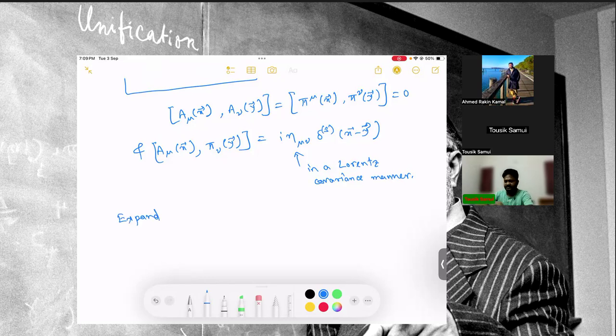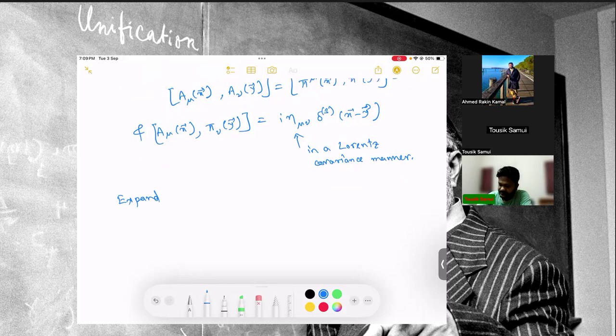So I'm just fast forwarding it, assuming that these steps are already understood. Expand, or let's say write A mu.